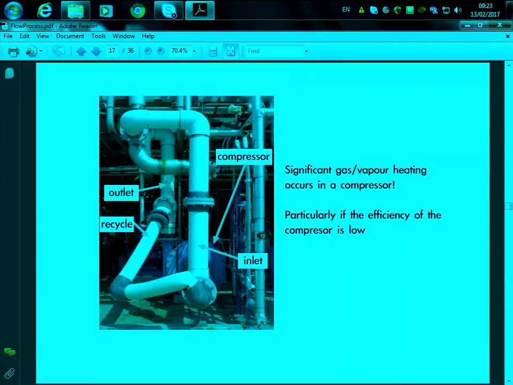So if you see, this is the exit of the compressor, and that's the outlet of the compressor. Okay? In this type of system, we have actually a recycle system. So the recycling is used sometimes in order to further increase the pressure, or just to help us regulate the compressor in terms of achieving the pressure outlet that we want.